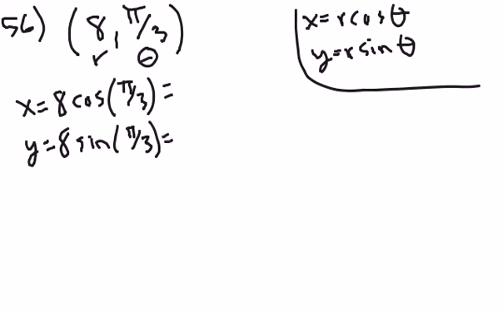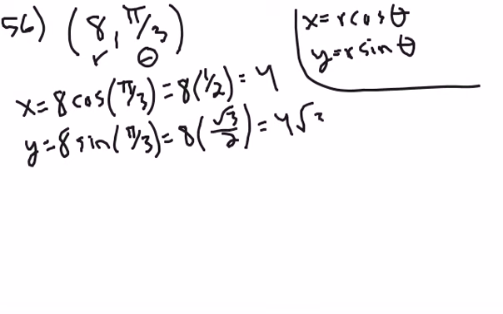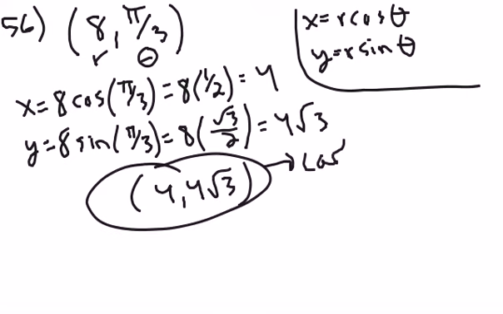Okay. So this will give me 8 times 1/2, which is 4. This will give me 8 times square root of 3 over 2, which is 4 root 3. So my answer is 4 comma 4 root 3. Okay, these are Cartesian, which is what they want. Okay, or rectangular. Rectangular, Cartesian refer to the same thing.